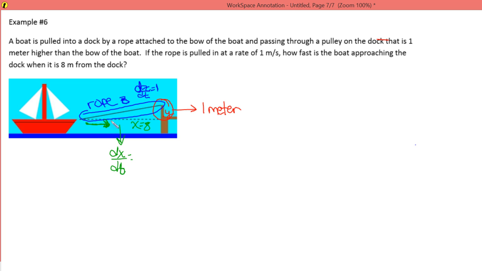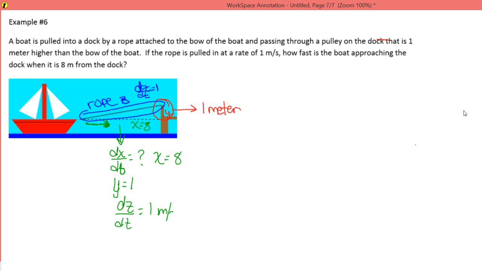That's our unknown quantity, and we're trying to find it when x is equal to 8. Our y is 1, and our dz/dt is equal to 1 meter per second.